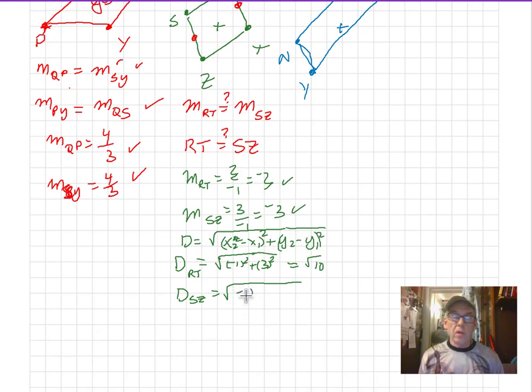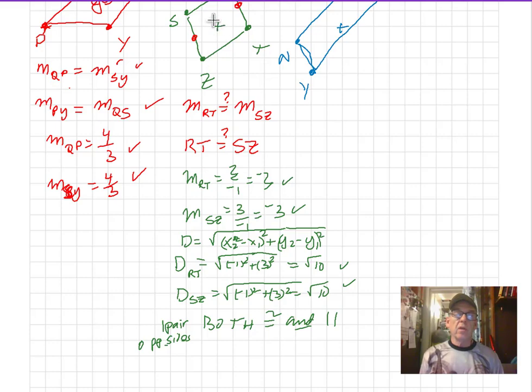It's going to be the same thing: the square root of -1 squared plus 3 squared equals the square root of 10. So these two distances are the same, a little bit more than 3. We've shown that one pair of opposite sides is both congruent and parallel, so that's enough to make it a parallelogram.